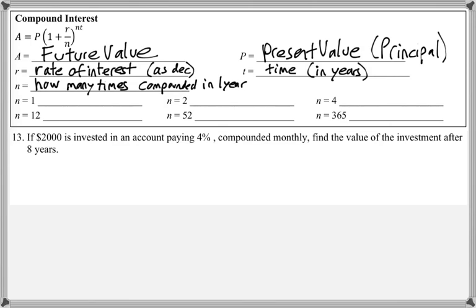So how many times does it take your interest and add it to your original principal? And there's a couple different types. So N could be 1, which is annually. If N is 2, that is semi-annually.